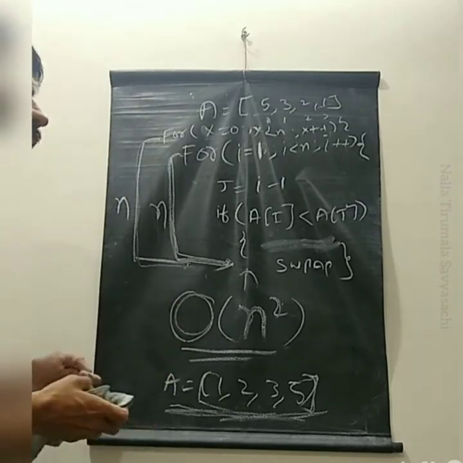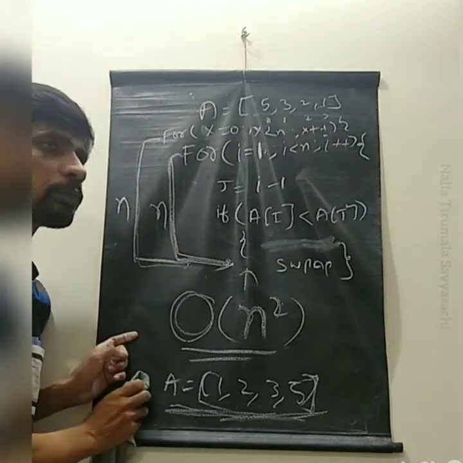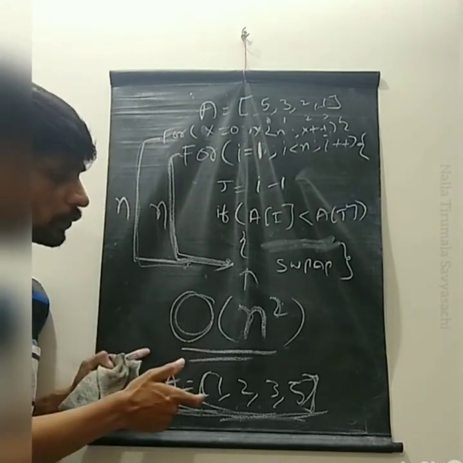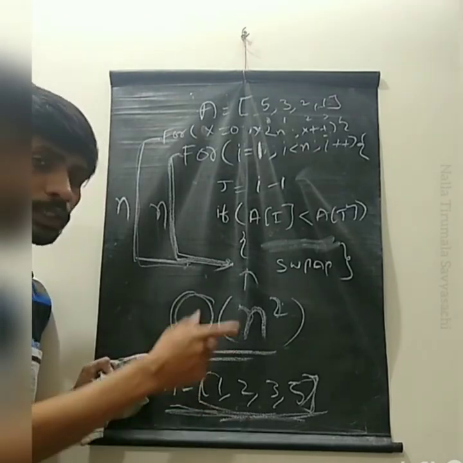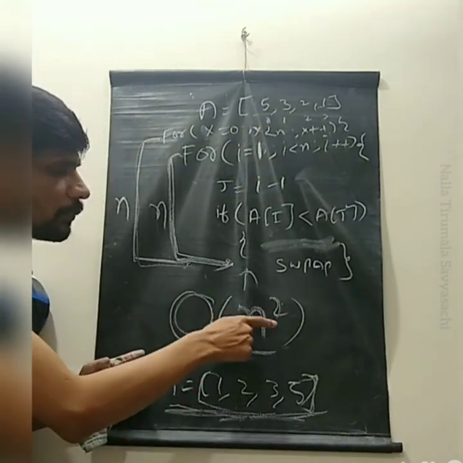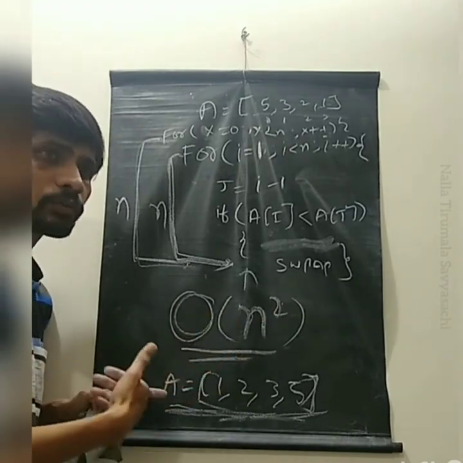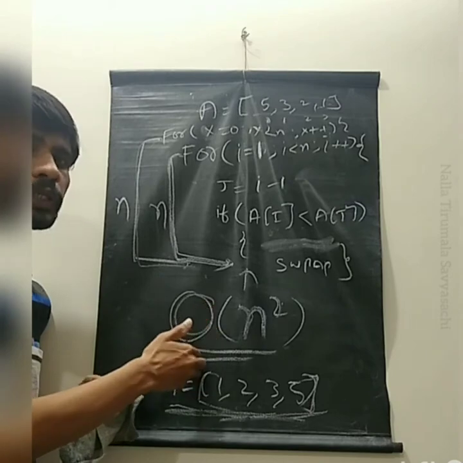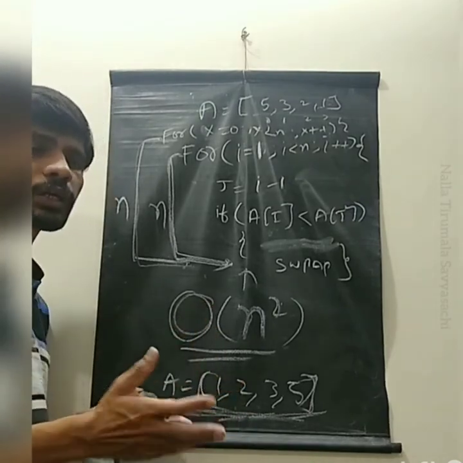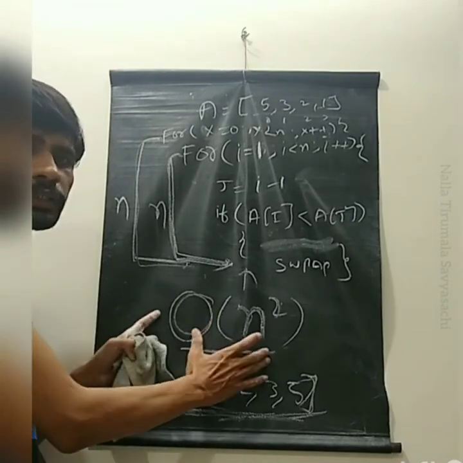So we will try to find a program, an algorithm, so that when your input data is already in sorted order, instead of big O of n square, can we reduce the complexity? If my given input is not in sorted order, then it is fine, I will take this amount of time.